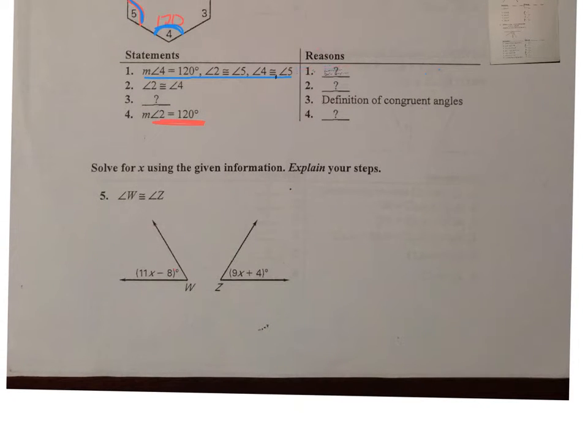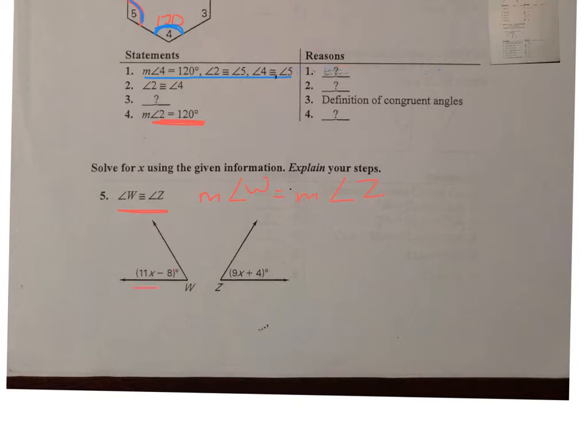So this one is one of these algebraic proofs that we've done. But here's what I know. I know in this particular problem that angle W is congruent to angle Z. Well, definition of congruence would tell me as well that the degrees of angle W are equal to the measure or the degrees of angle Z. Okay?